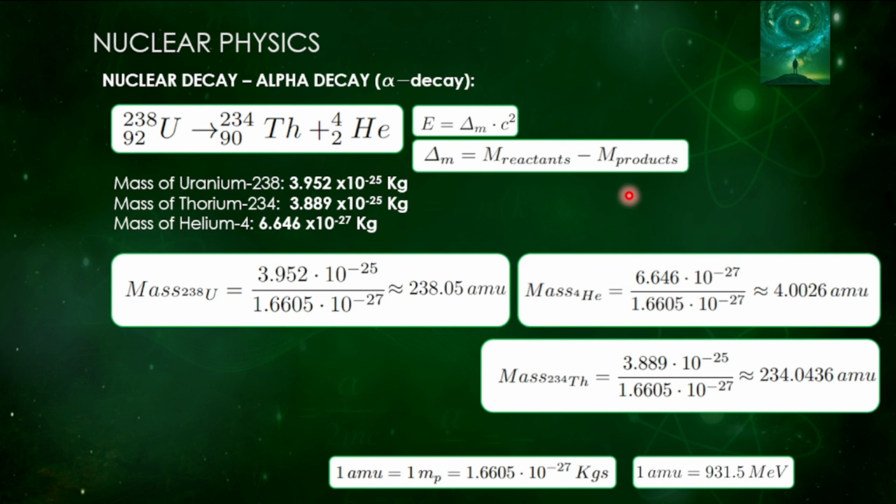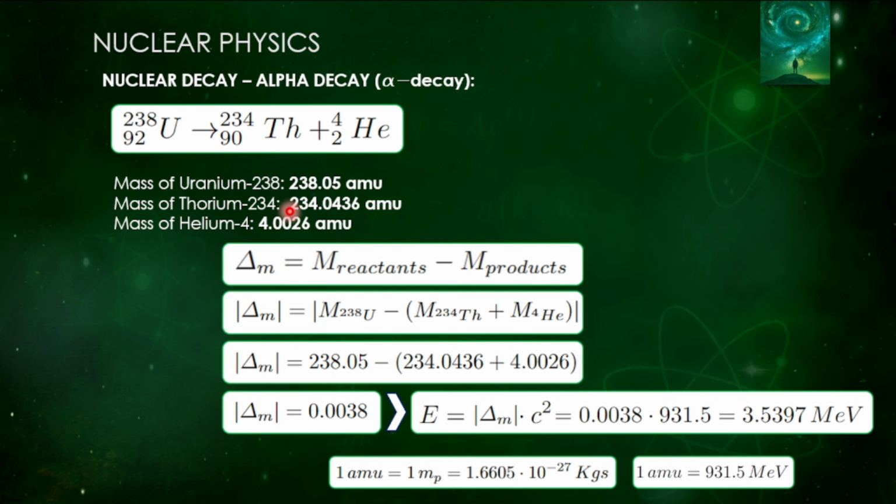So let's do that. The mass of uranium, thorium, helium. Δm is equal to the mass of the reactants minus the mass of the products, which is the mass of U-238 minus the mass of thorium-234 plus the mass of helium.